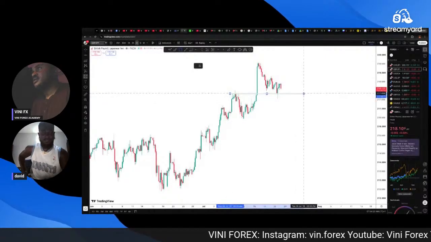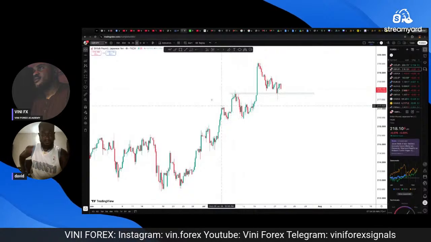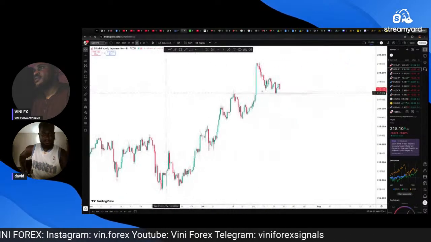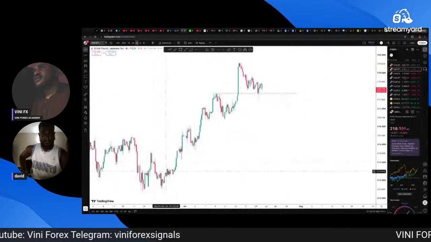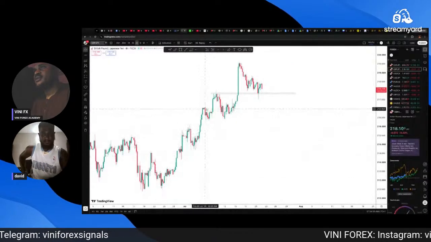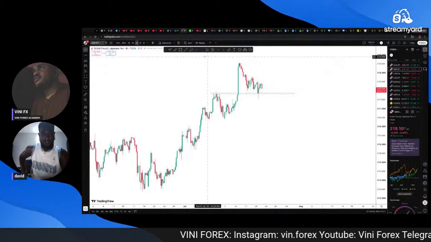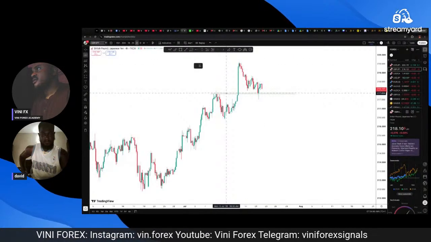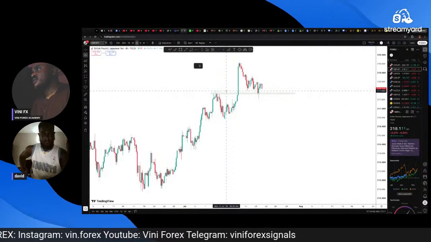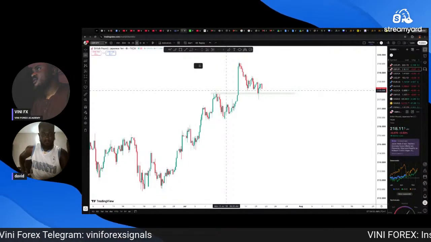I'm also seeing a buy on GBPJPY. The trend is an uptrend, a serious uptrend ever since. Right now it has touched this point. There's a slight level there, 217, 218. The side level is here, which is 218.